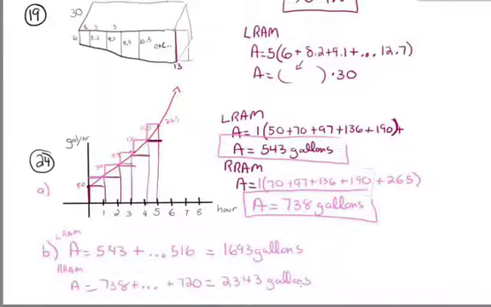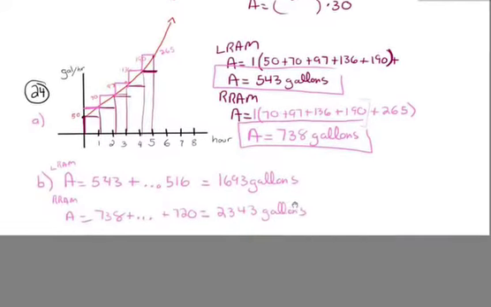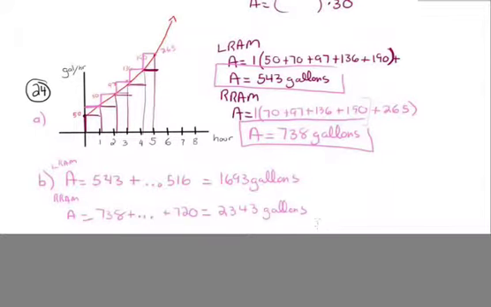Okay, part C. The tanker continues to leak oil at a constant rate beyond that. Oh, I'm out of room. The tanker continues to lose oil at 720 gallons per hour after that.